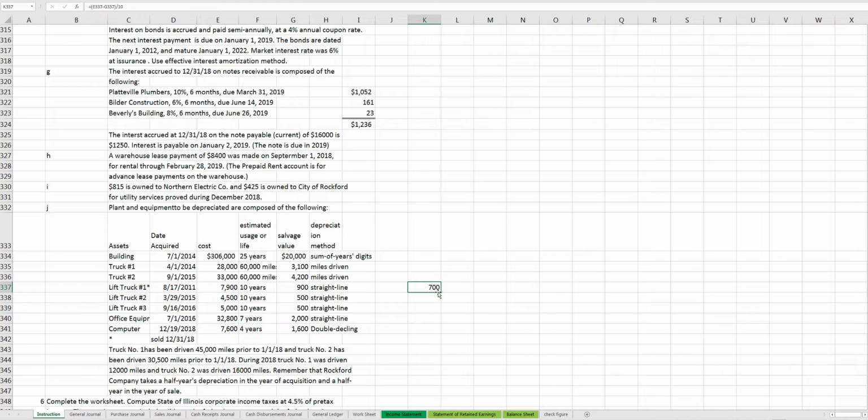So $700 per year annual depreciation. And for 2011, in the year of purchase, we're going to depreciate half of that based on the company's policy, right? And 2012, that's $700.